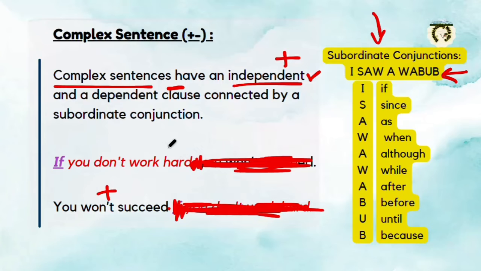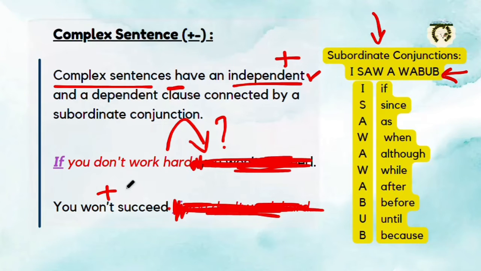So is it a complete sentence? Is it giving you the complete sense of something? If you don't work hard, then what? The sense is not finished, right? It's not making sense. If you don't work hard, then what happened? We need to add something after this part of the sentence to make it give some sense, isn't it?